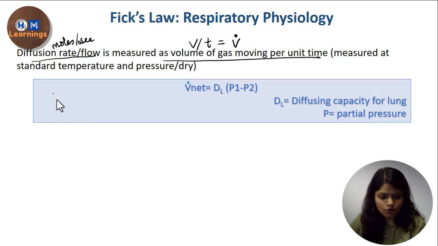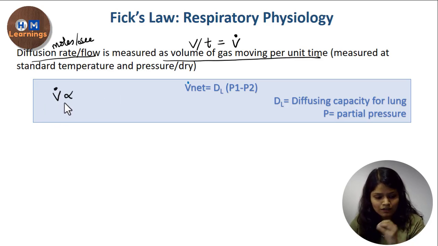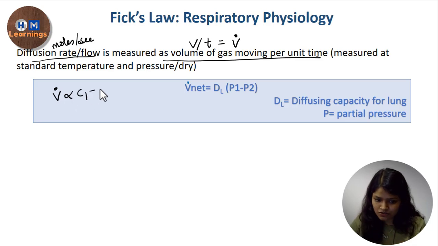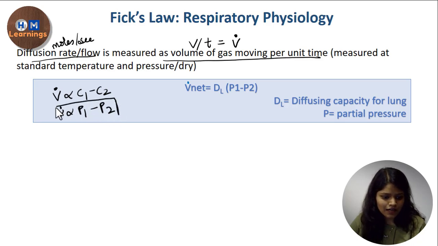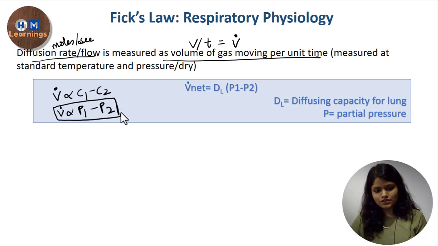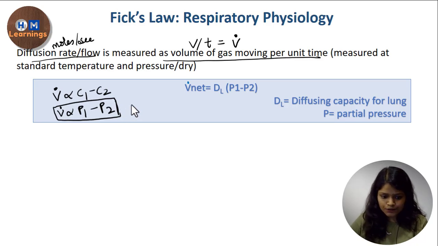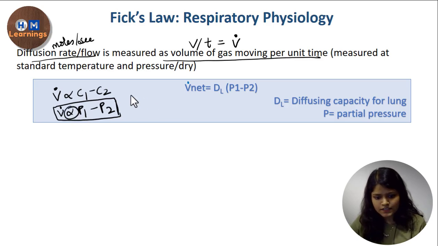And here the net volume which has diffused per unit time is directly proportional to the concentration gradient, and the concentration gradient can be replaced by the partial pressure gradient. As we already know, concentration is directly proportional to the partial pressure. Now this proportionality constant is replaced by the diffusing capacity of the lung.